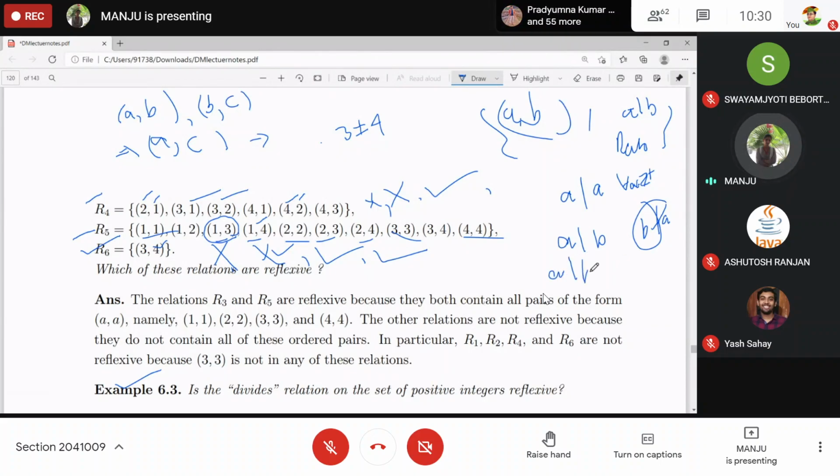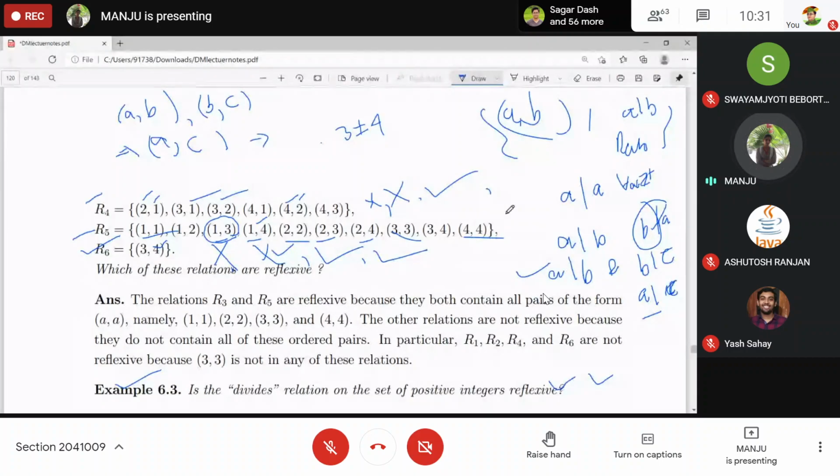A divides B, B divides C, then A will divide C. Right? So this is true. Symmetricity is not true. So this is reflexive, transitive, but not symmetric.